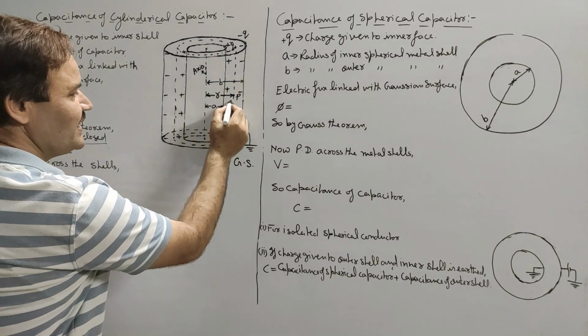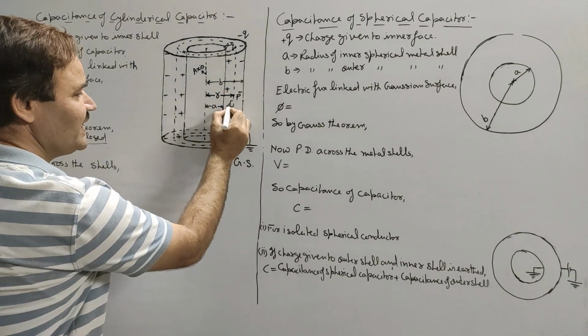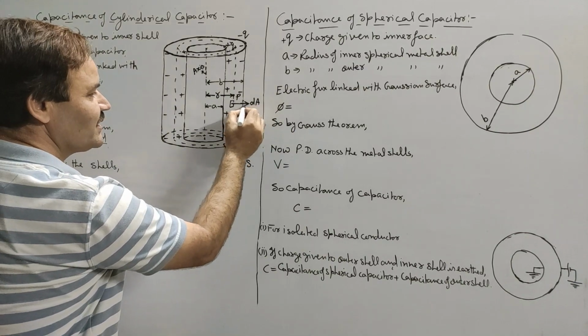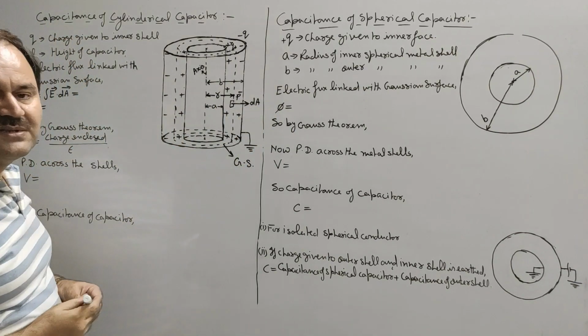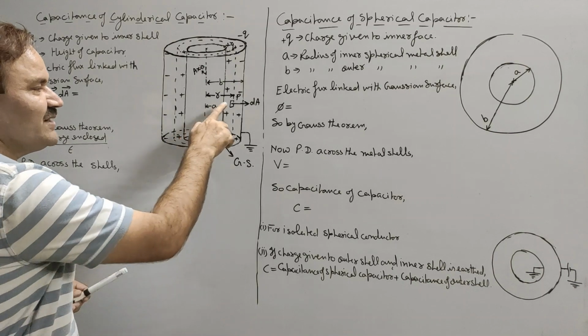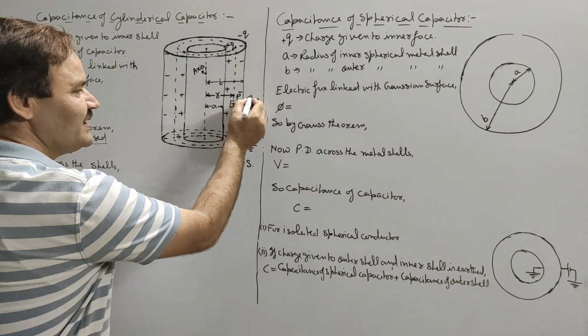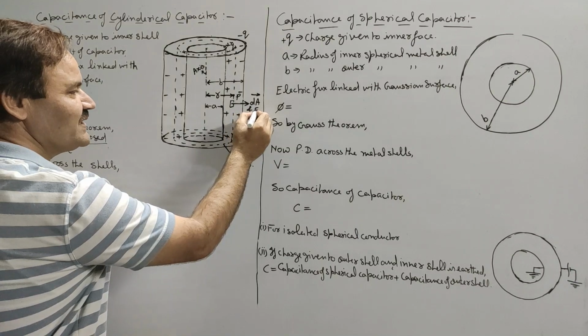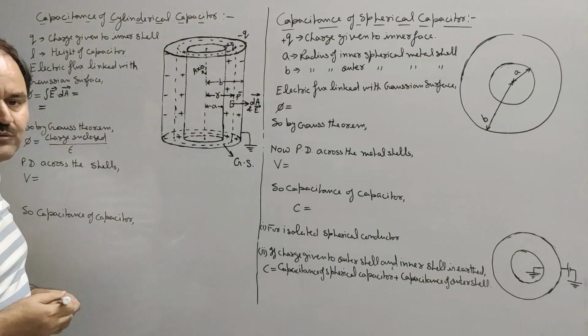And if we are taking an area dA on the curved surface of Gaussian surface, then for that area dA, area vector will be radially outward, and also electric field vector will be radially outward.